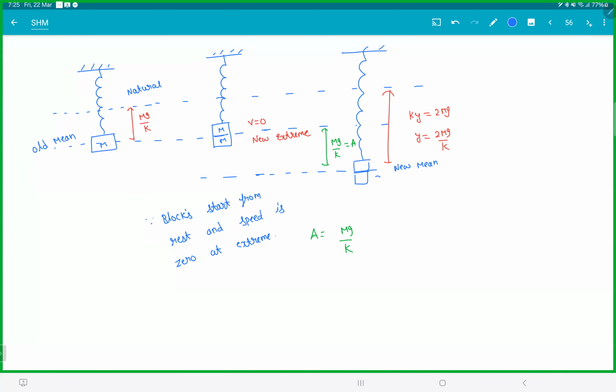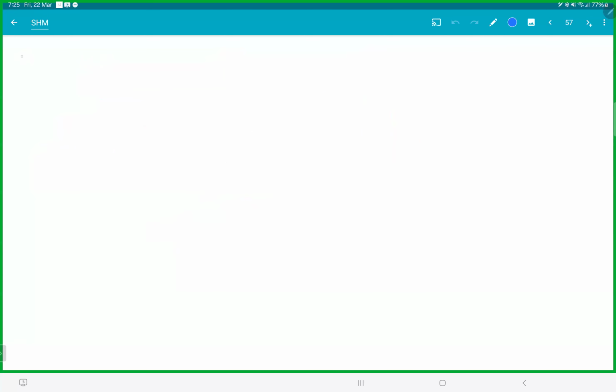Next one. We have a spring with masses m and 2m and spring constant k. Hope you remember the speed. It is in center of mass. This one is given speed u. This is initially at rest. The ground is smooth.